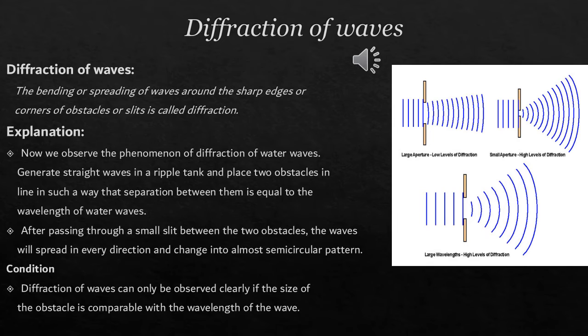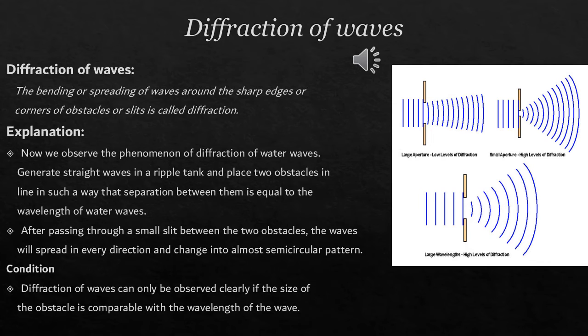Diffraction of waves. Definition: the bending or spreading of waves around the sharp edges or corners of obstacles or slits is called diffraction. Explanation: now we observe the phenomenon of diffraction of water waves. Generate straight waves in a ripple tank and place two obstacles in line in such a way that the separation between them is equal to the wavelength of the water waves.